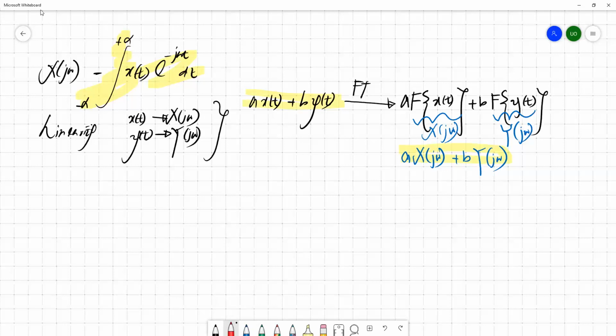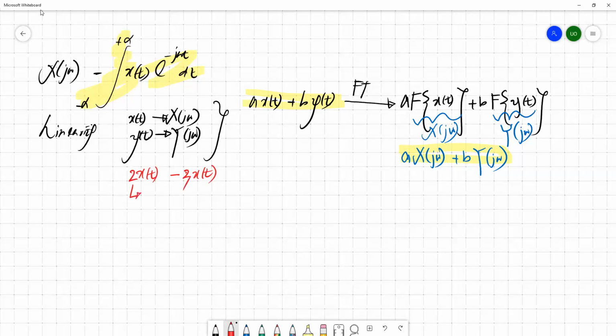So for example, you have 2 x1(t) minus 3 x2(t).